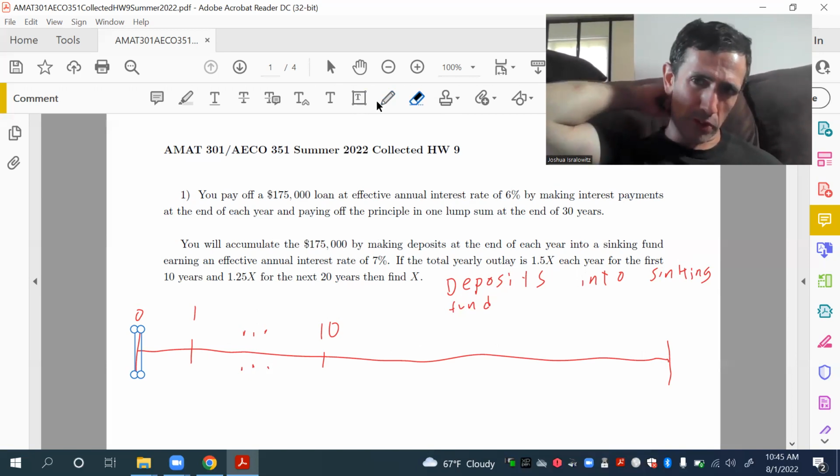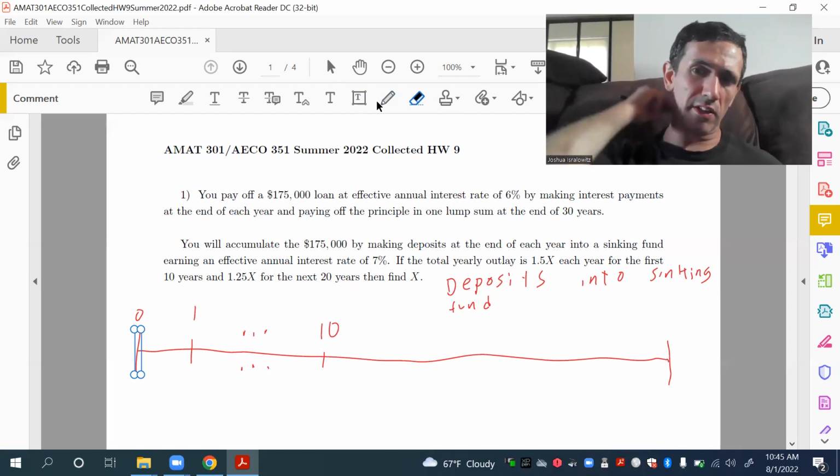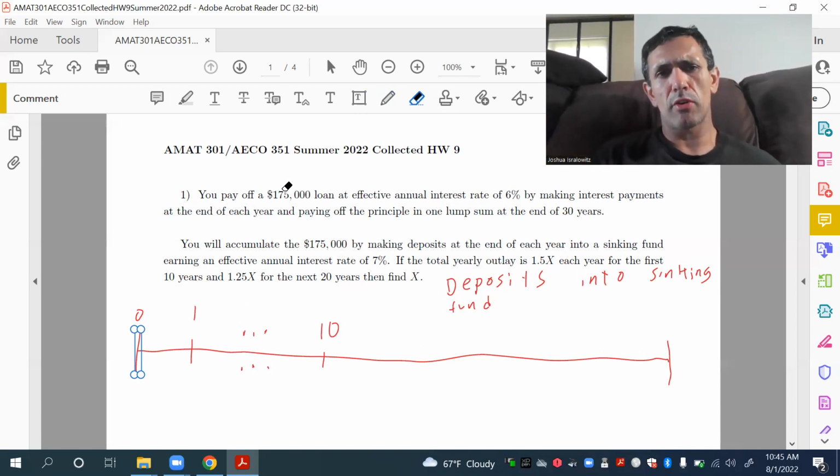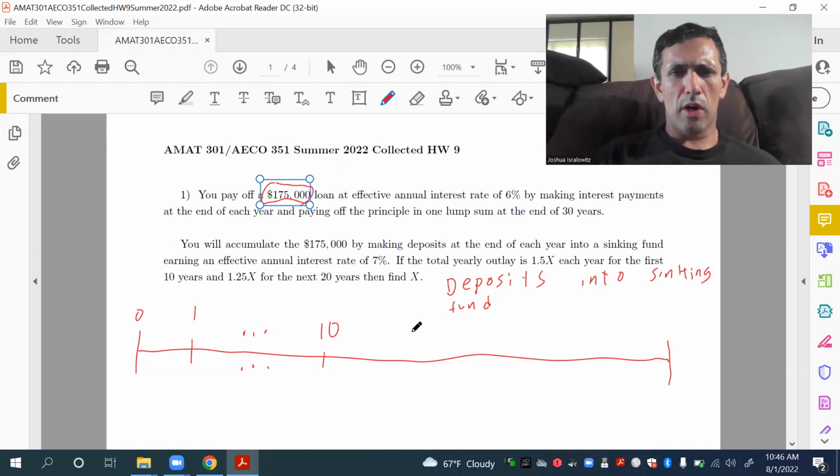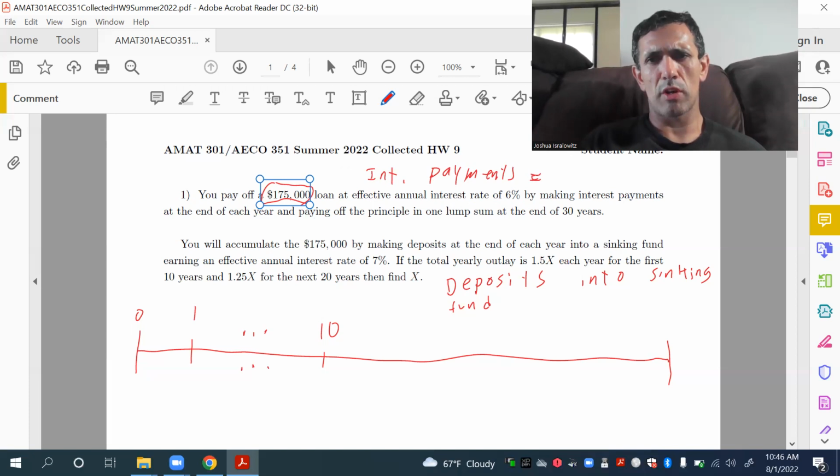Okay. All right. So for the first 10 years, total outlay is 1.5x. So you owe interest at the end of each year on $175,000. You never ever touch this principal here. Okay. So I don't have room here. Well, I'll just do it up here. So interest payments, the end of each year, is just 6% times, or 0.06 times, 175,000.